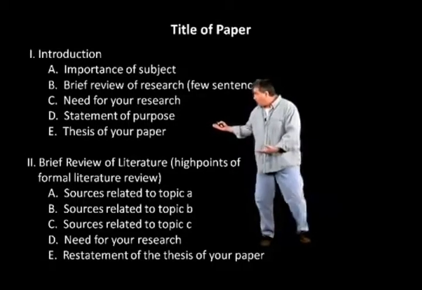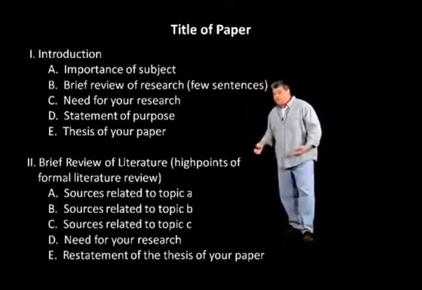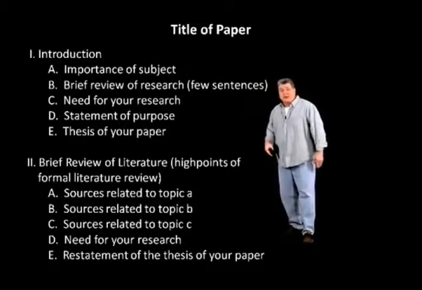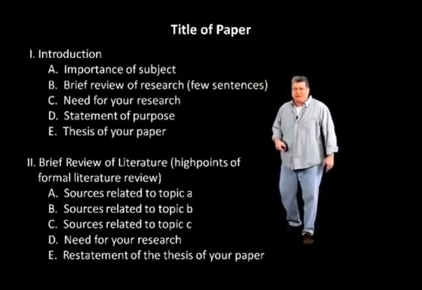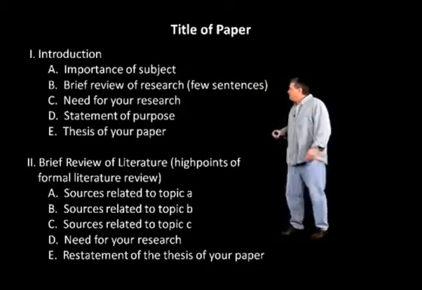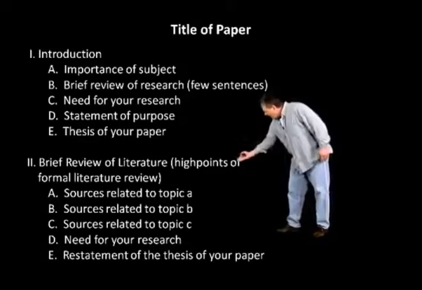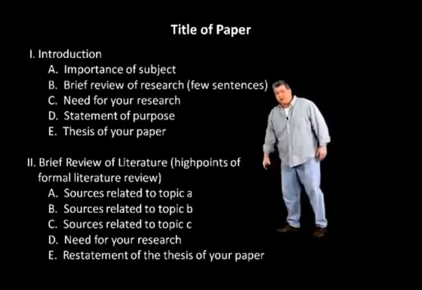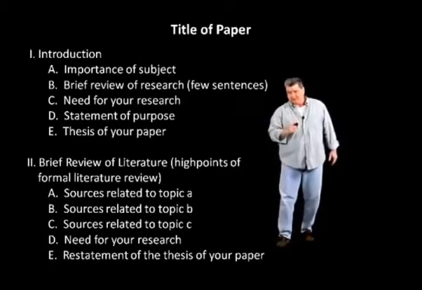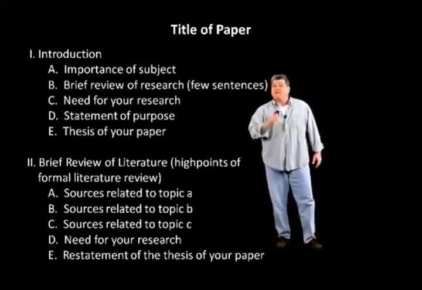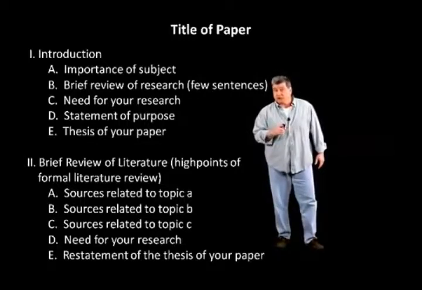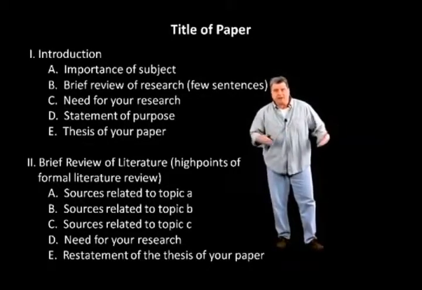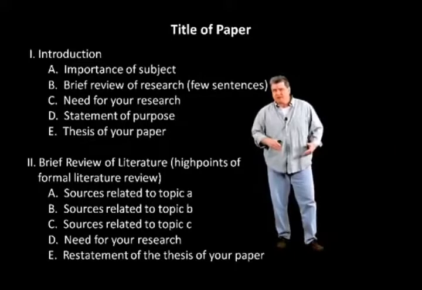Certainly to accomplish all of those 5 things, it's going to be more than the 1 paragraph usually found in your 5-paragraph essay. Now the second section you've heard a little bit about before, and it's called the brief review of literature. Notice the word brief. Now you've already written a formal review of literature, and that thing was 5 to 8 pages long.